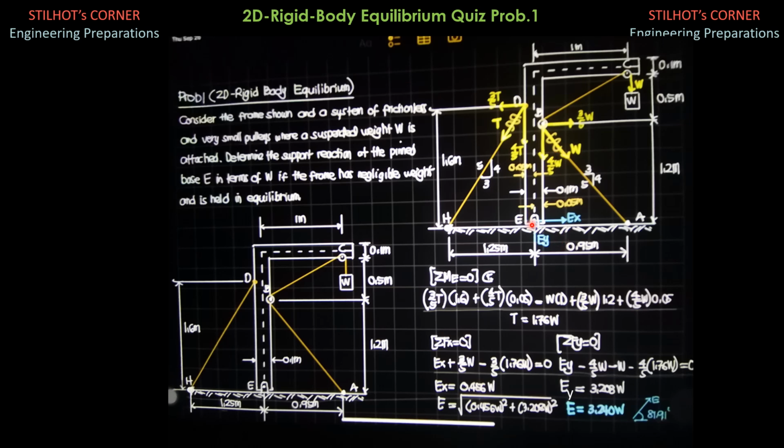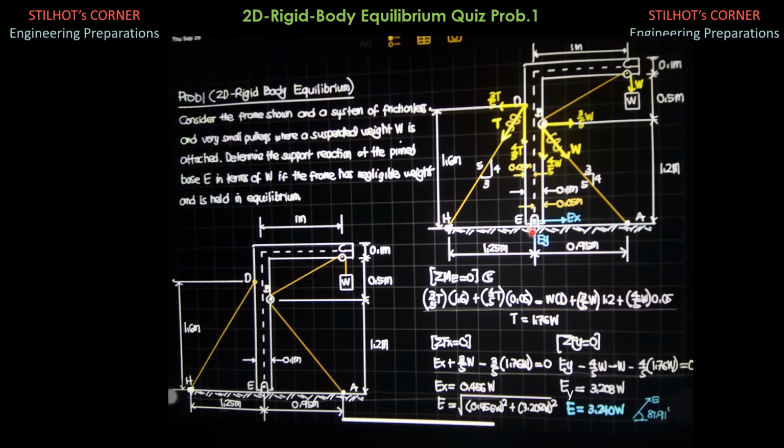So we sum up moments about E equals 0, considering counterclockwise as positive. Beginning with the horizontal component, 3/5 T, the moment arm is 1.6, counterclockwise. The vertical component is also counterclockwise, so plus 4/5 T times moment arm 0.05.